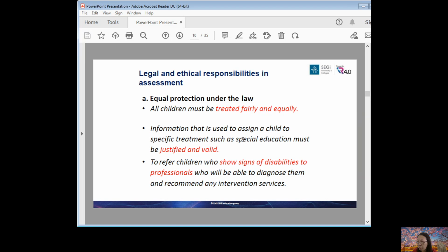So when you think that the child has a special need, it must be justified why you say so. You don't simply get any child and say, this child has special needs. It's not that way. Refer children who show signs of disabilities to professionals. As I mentioned just now, if you feel that the child has a special need after your observation and diagnosis, then we should refer them to the professionals to get proper and appropriate help.